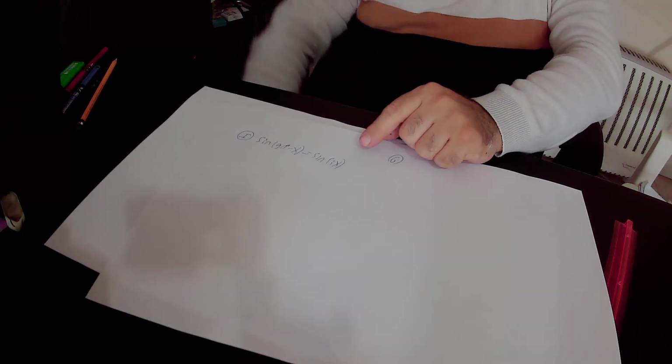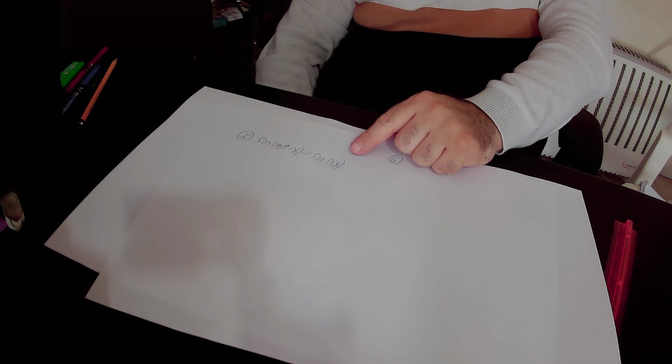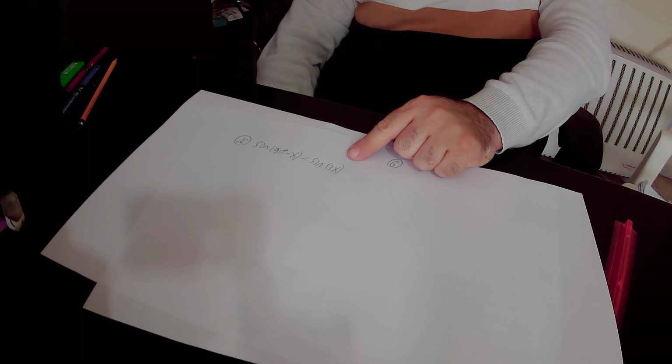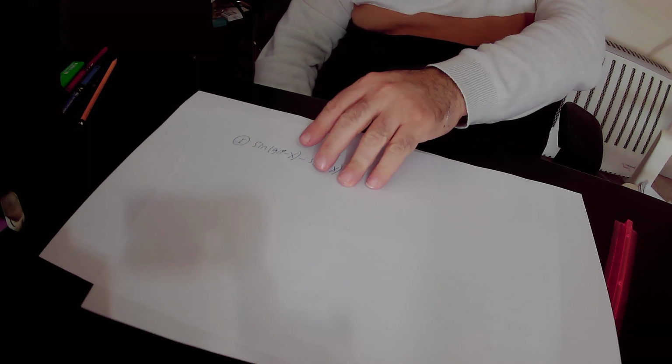So we got that sine 90 degrees minus x equals sine 3x. That is to say, 90 degrees minus x equals 3x.